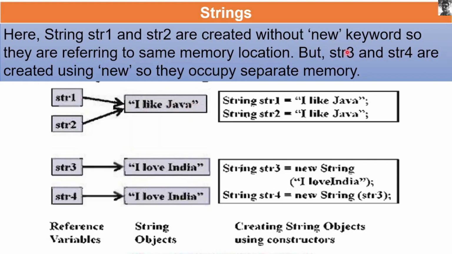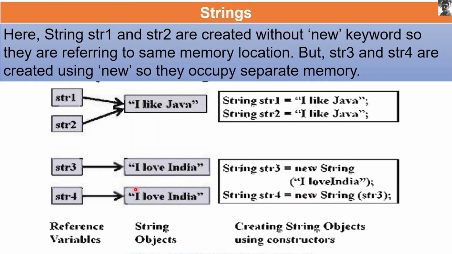But here, str3 and str4 are created using the new keyword, so they occupy separate memory. As shown here, String str3 is equal to new String("I love India"), and String str4 is equal to new String(str3). In both statements the new command is used.